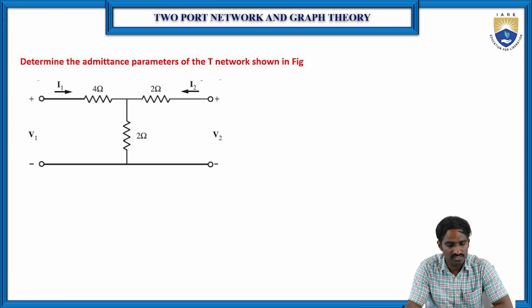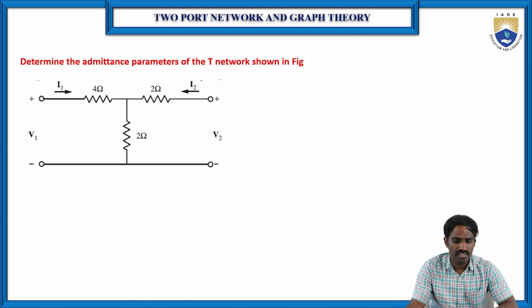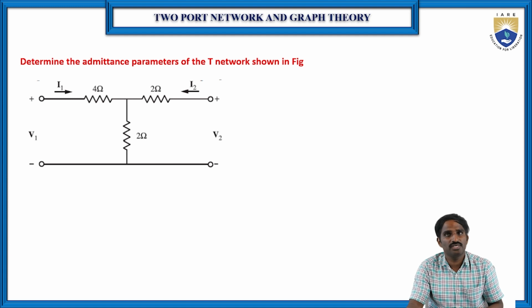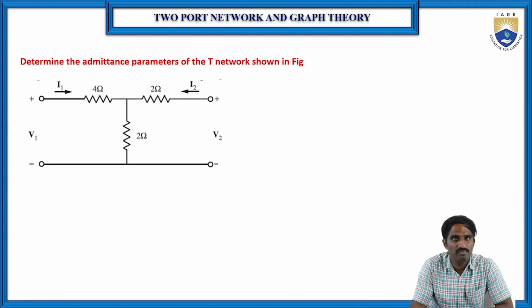Next, we are going to discuss another problem, which is about the Y parameters. Now, calculate the Y parameters for the given T circuit. As we know, Y parameters are also called short circuit parameters.